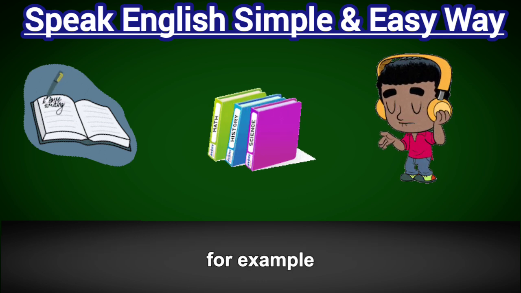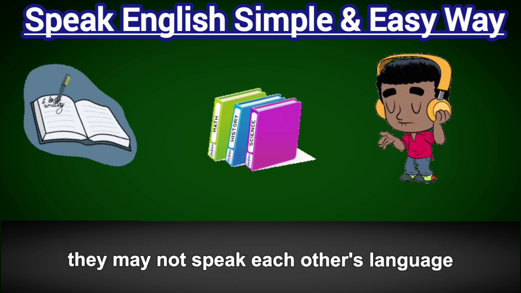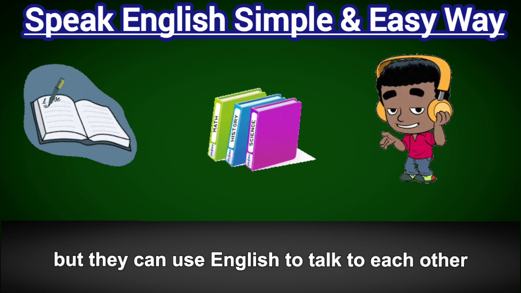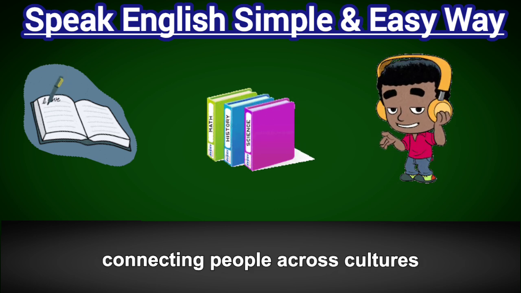For example, if a person from Japan meets someone from Brazil, they may not speak each other's language, but they can use English to talk to each other. This makes English a link language, connecting people across cultures.